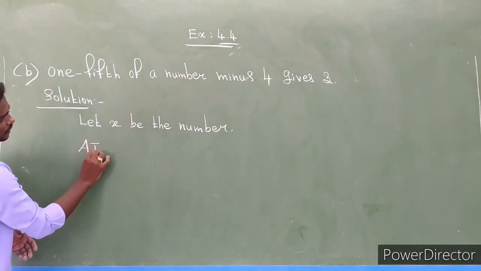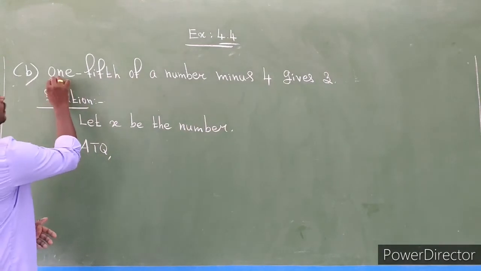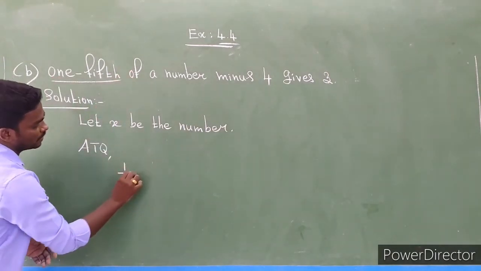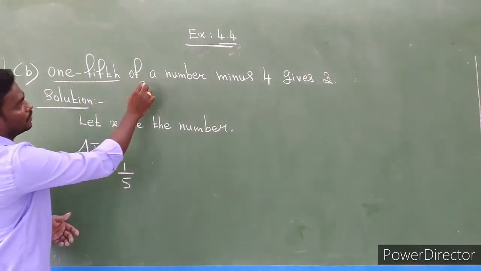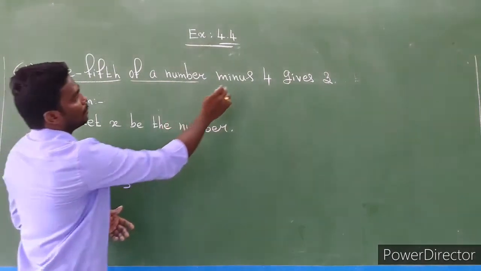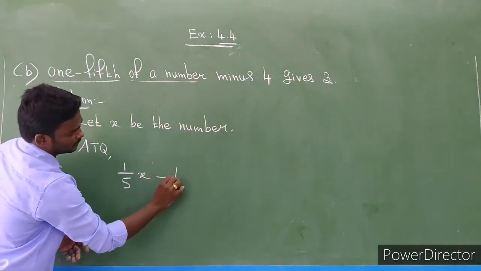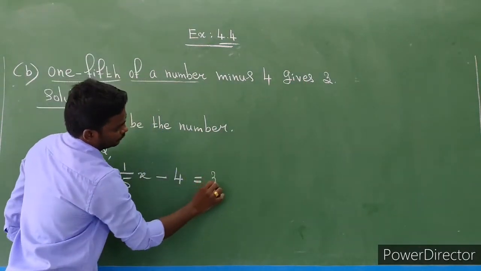According to our question, 1/5 of a number. 1/5 means 1 by 5. So 1/5 of a number means 1/5 times x, minus 4, which is equal to 3.